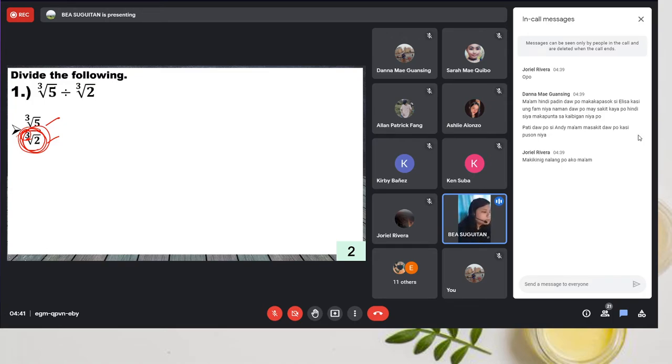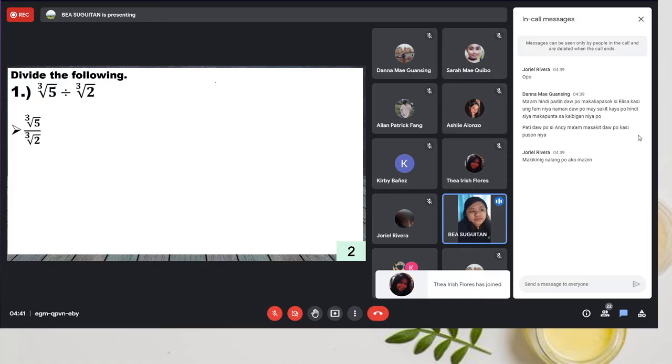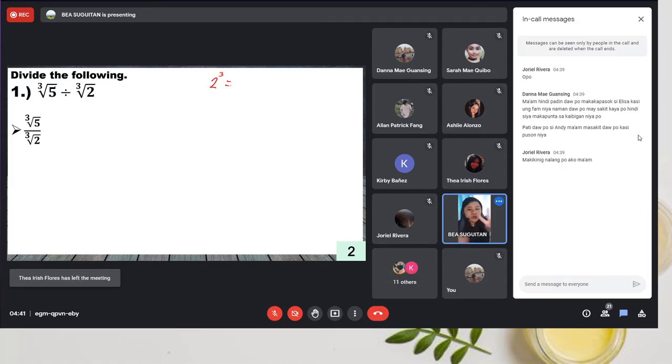So ano ba yung kailangan nating i-multiply kay 2 so that our denominator will be a perfect cube? Ano po ba yung mga perfect cubes? Starting with 2 cube, that means 2 times 2 times 2. You are going to multiply 2 three times to itself. So this is 8. So 8 is a perfect cube.